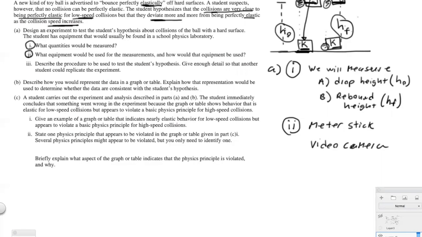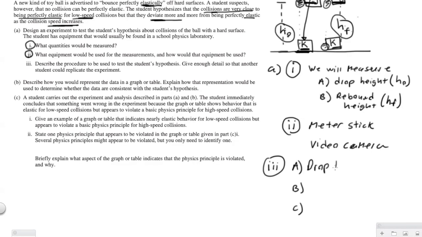All right, and then number three, we're going to describe a procedure. So here is the procedure that I wrote. I'm going to say it out loud, and you can copy it if you want. Mine is a three-part procedure. So A, I wrote, you're going to drop the ball from 8 different heights, ranging from small to large.